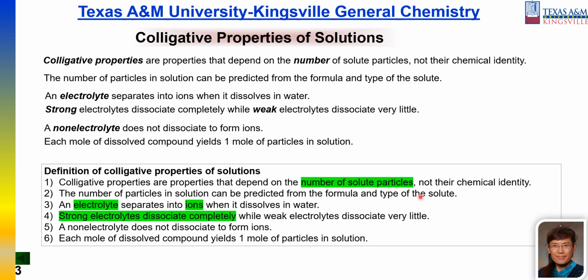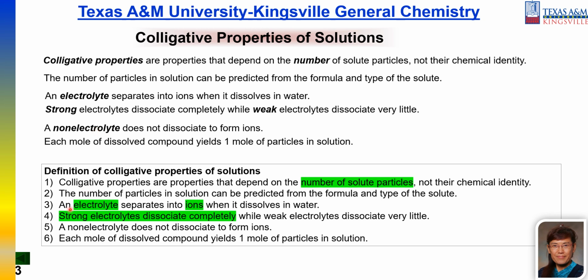You have 2 types, or you can say 3 types. One is called strong electrolyte, another is called weak electrolyte, the third is called non-electrolyte. Our equations are applicable for non-electrolyte solutions.